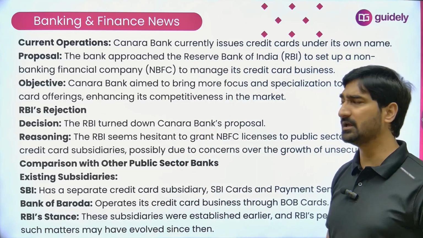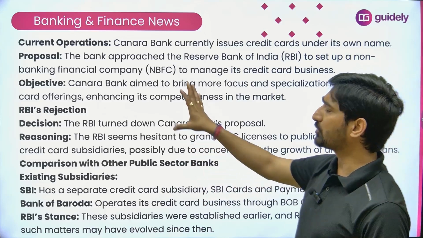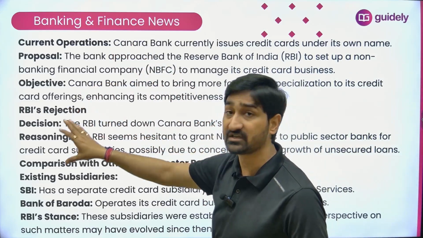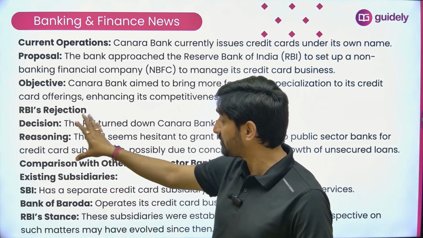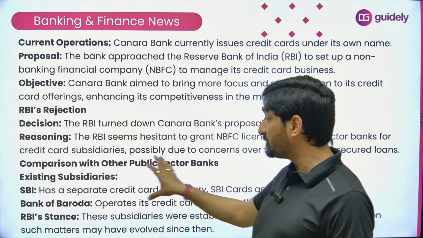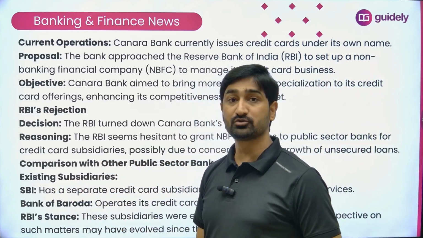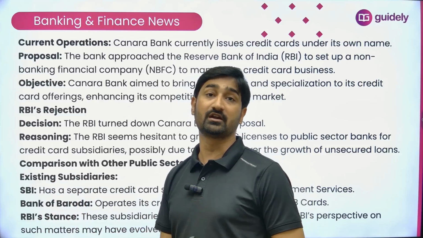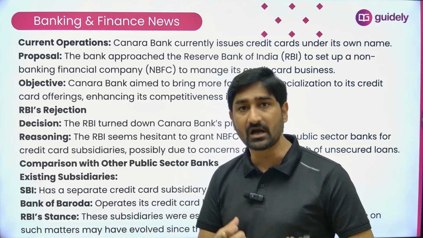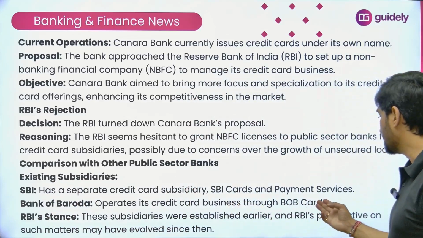आपको पूरा देखने के लिए मिल जाएगा कि okay, what was the news, what was the objective, why RBI rejected it, what was the point of view of RBI, in comparison with other public sector banks like State Bank of India and Bank of Baroda. These are the banks which are running their credit card subsidiaries in India, SBI Card and BOB Cards.